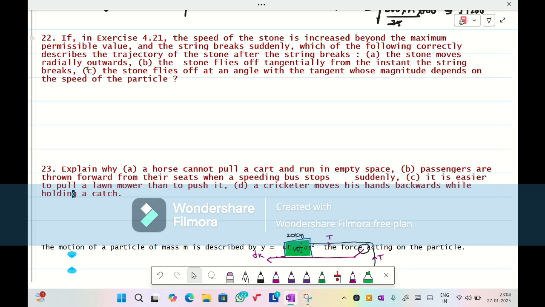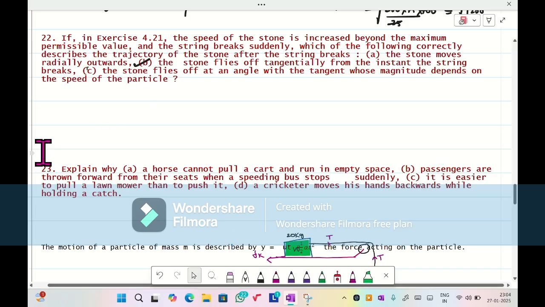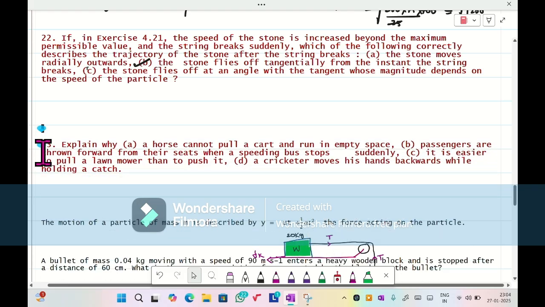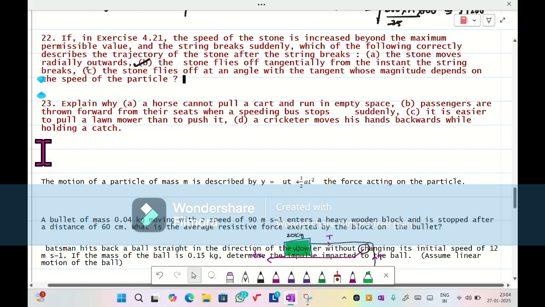Whenever it is moving in circular motion and the string is cut, it will move tangentially. So the stone moves radially outwards and flies off tangentially. So B is correct, no doubt.